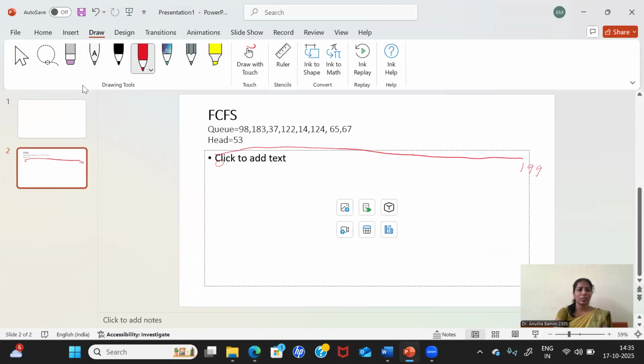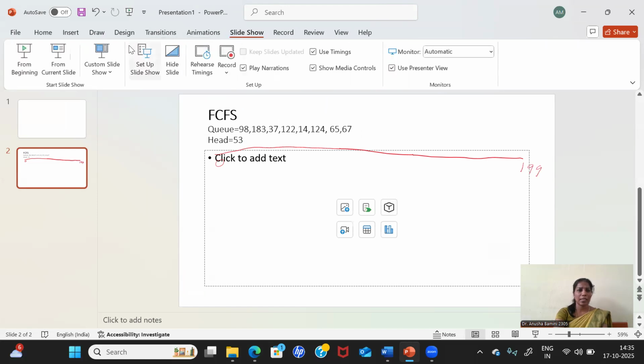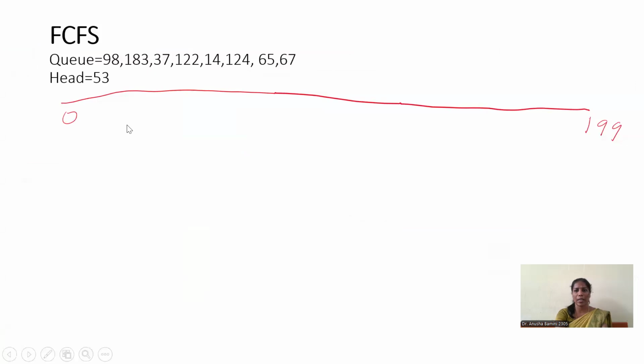In the concept itself, it is mentioned that the cylinder tracks are 0 to 199. So please draw a line from 0 to 199. We know that the head is at position 53.